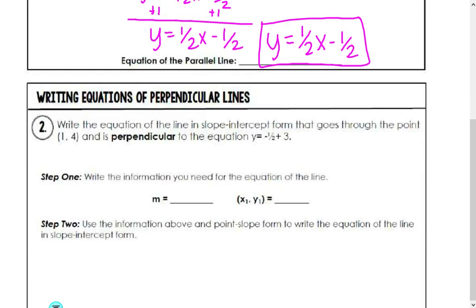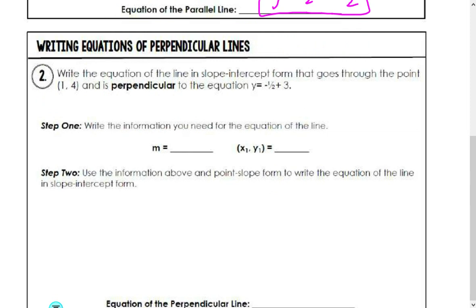All right, on to writing equations for perpendicular lines. Parallel is pretty easy. Again, same slope. This one gets a little different. Same thing, the equation is here of the original line again. Oh, there's a typo on there too. This should be y equals negative 1/2 x plus 3. The only thing I care about from the original line is its slope, and then I care about the point that they gave us.